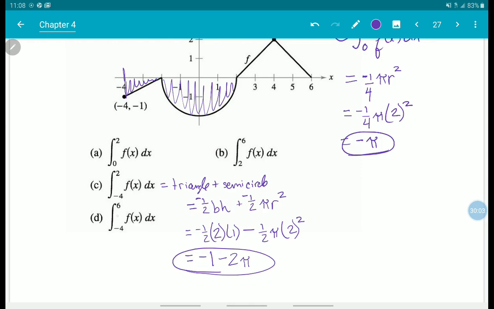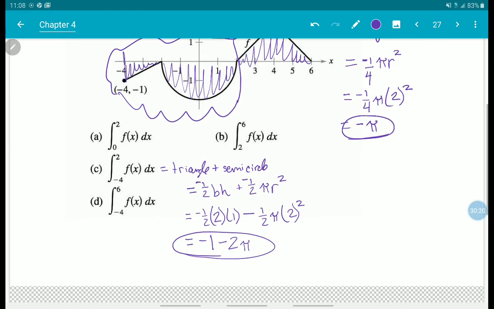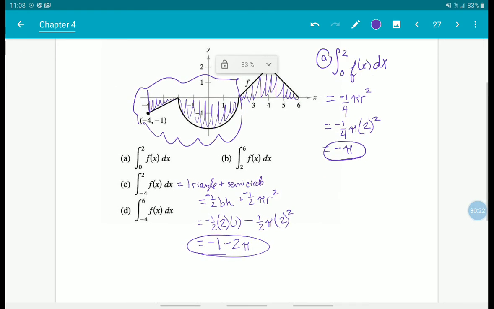So then D is asking us, what's that area between -4 and 6? So -4 is here. We're talking about all of this, including this triangle. So we have this piece. Now we just have to add on that piece. So in D, it's going to be a triangle plus a semicircle, which we already have all that, -1 minus 2 pi, plus another triangle.